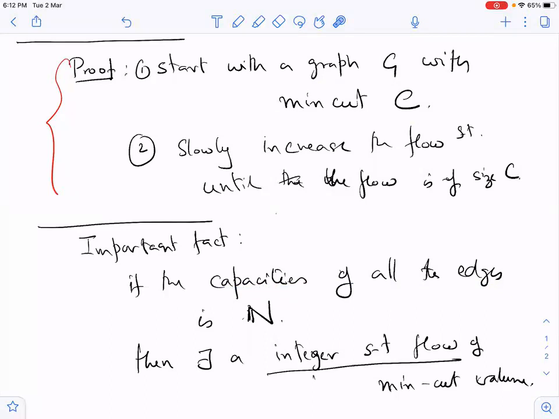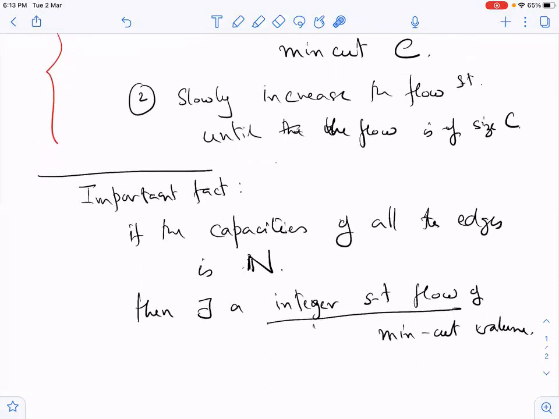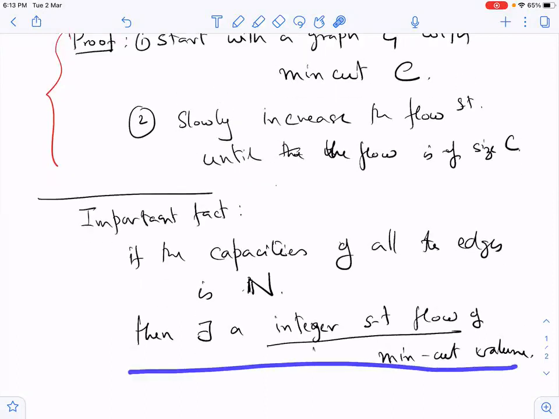Therefore, every time you augment, when you increase the flow, you find a path along which you can send some units of flow, but the minimum unit is an integer again. So this increase always happens by an integer amount. So you will end up getting a flow which is an integer flow. Is this clear?